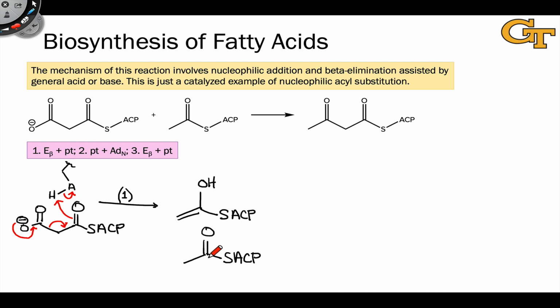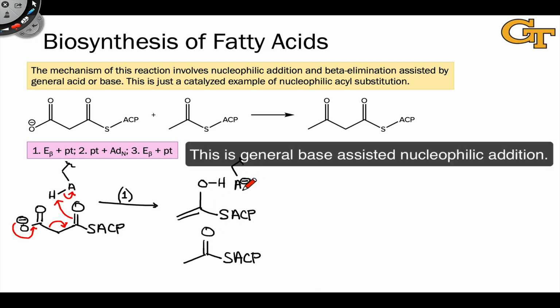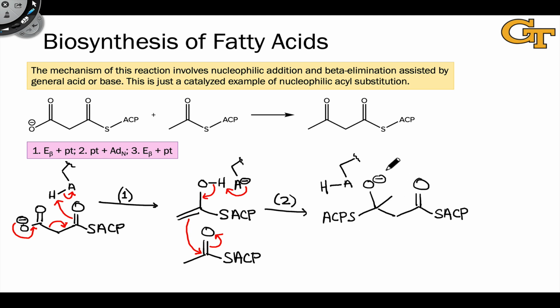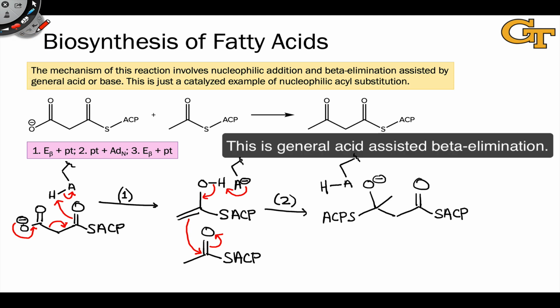At this point, the electrophilic acetyl-CoA enters the picture, and we can now think of the conjugate base of the acid, A-, acting as a general base to promote the nucleophilic addition of the enol to the carbonyl carbon of acetyl-CoA. We've now generated an oxyanion, which is poised for beta elimination, and the general acid catalyst that we now have can assist in this by protonating the leaving group as it departs.